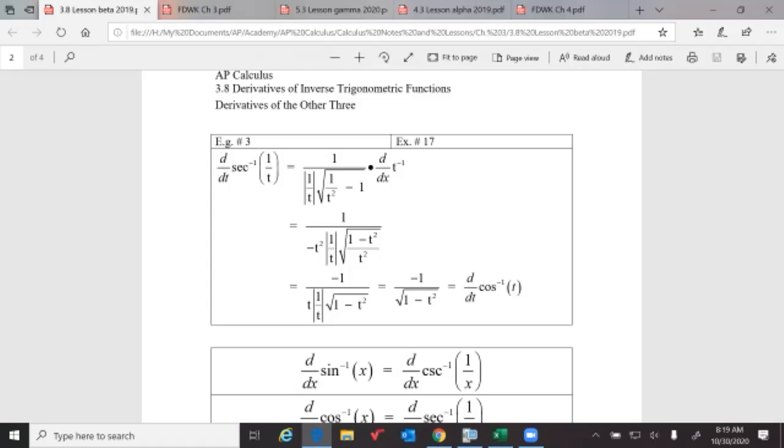And you don't know this yet, but that happens to be the derivative of the inverse cosine of t. What do you notice? The input was the reciprocal. It was 1 over t. So by putting the reciprocal input in there, you got the derivative of the reciprocal function.